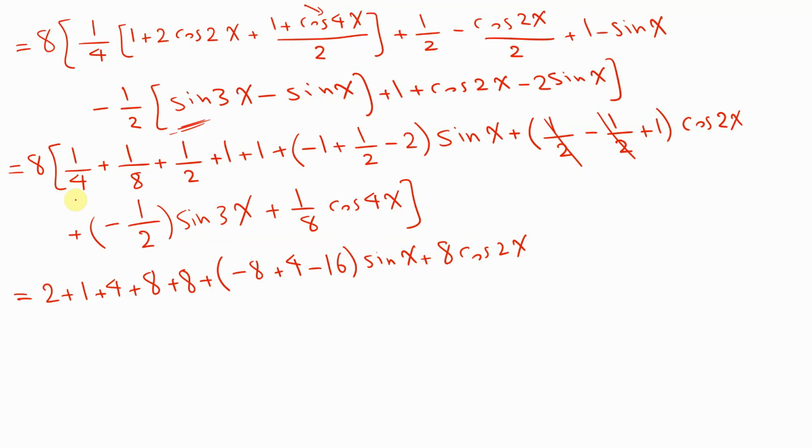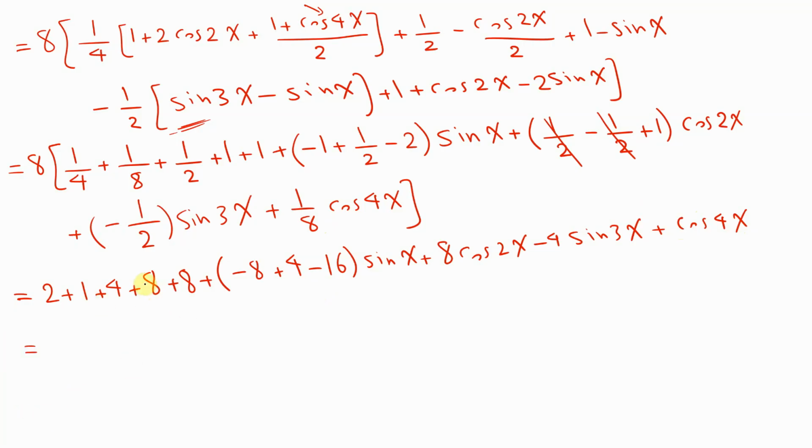And for this one, 8 divided by 2, minus 4 sinusoid of 3x. And finally, 8 divided by 8, which is plus 1 cosine of 4x. So here is our final result.